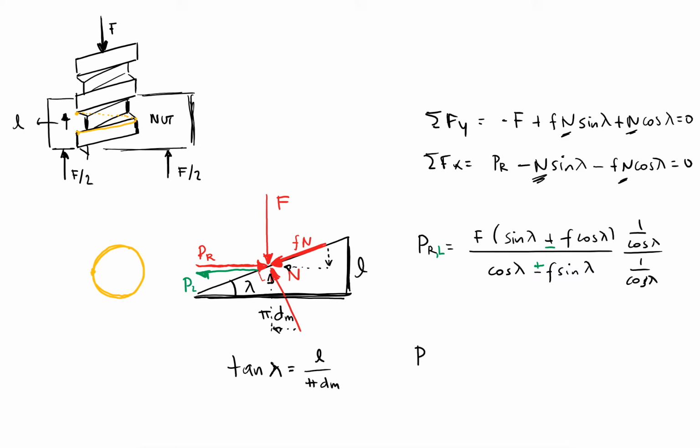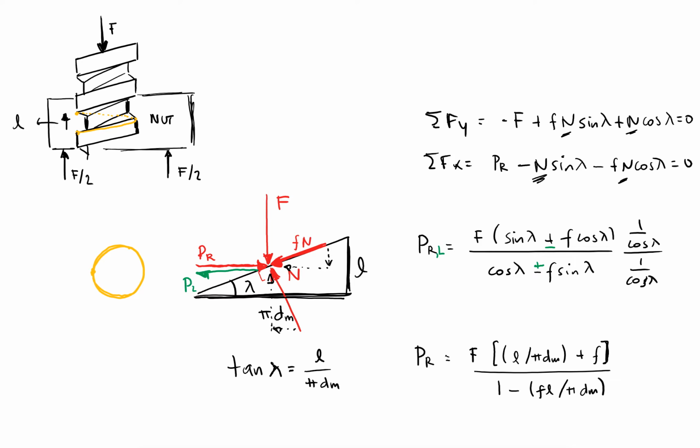Okay, so when I do that, PR becomes F, L over pi dm, plus f, the friction coefficient, over 1 minus f L over pi dm. And again, these two signs would just change if I was trying to find PL, P sub L instead of P sub R, for going down.